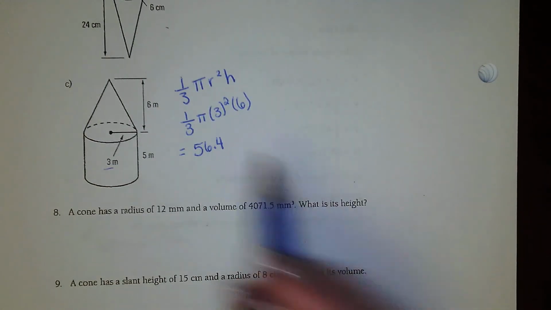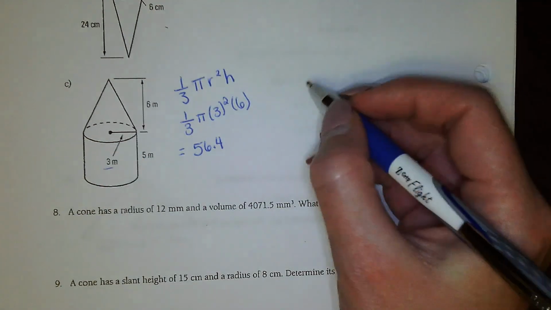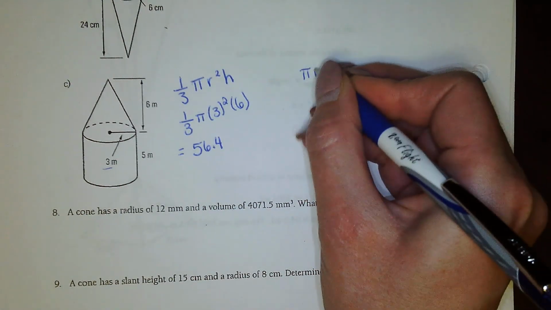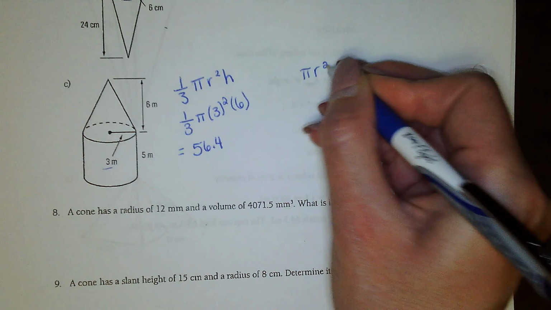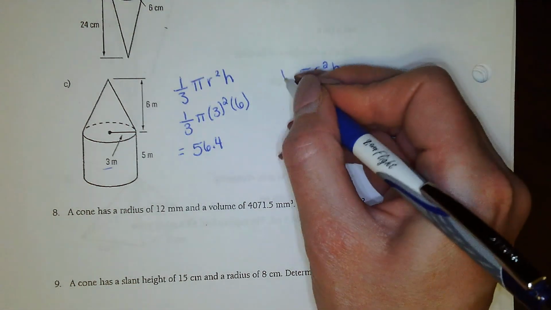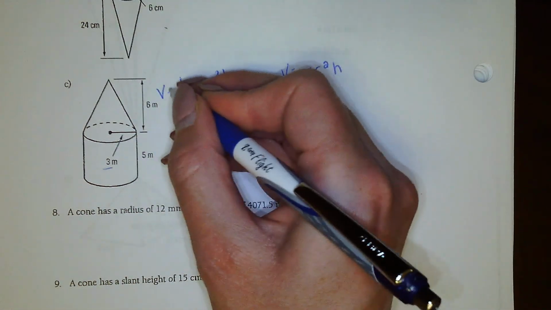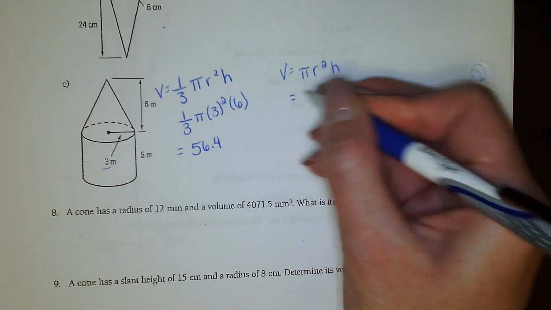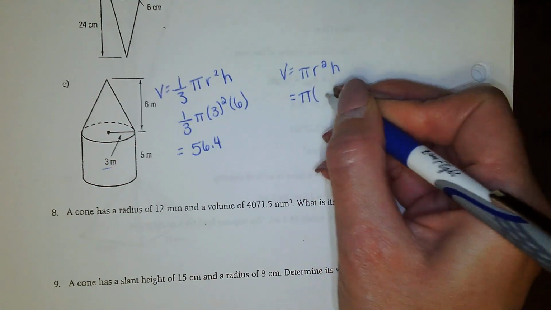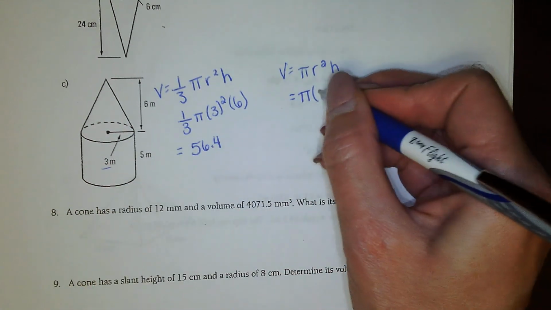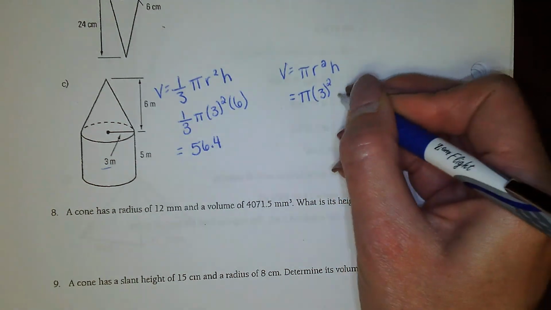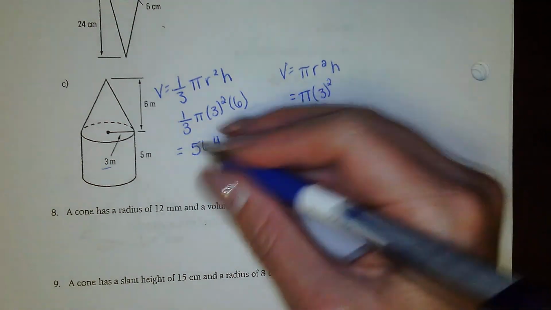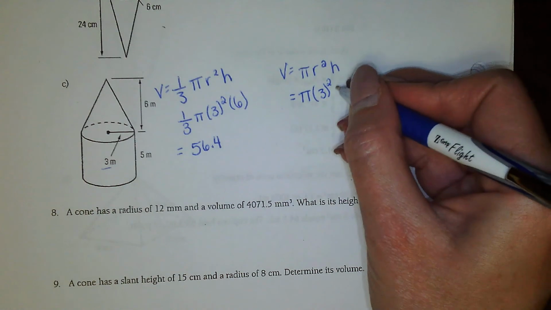Then I also want to do the cylinder. So that's just pi times radius squared times height. So my radius is still 3, squared, so 9, times my height of the cylinder is 5.